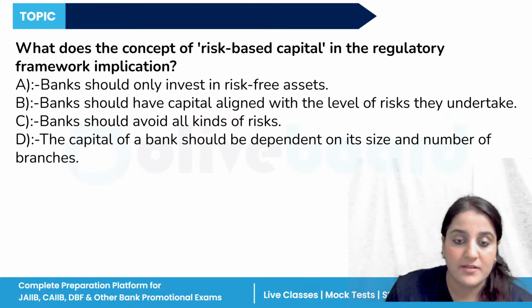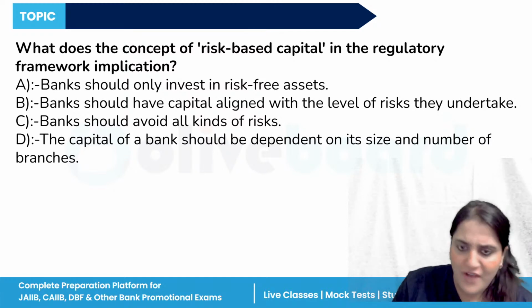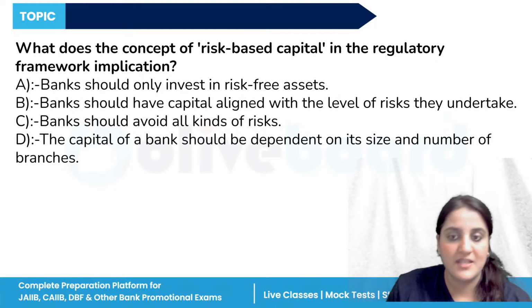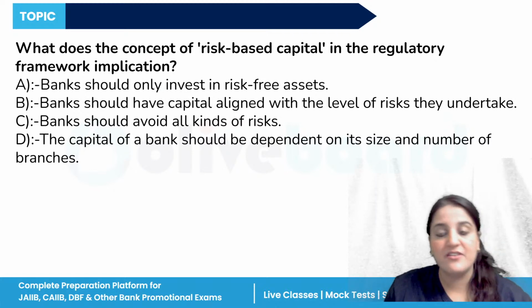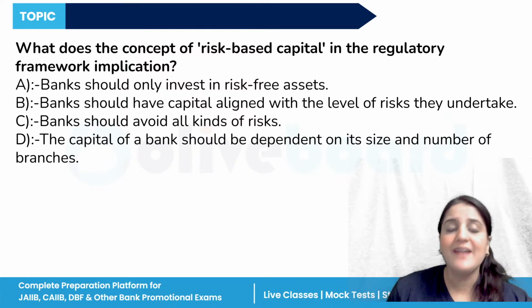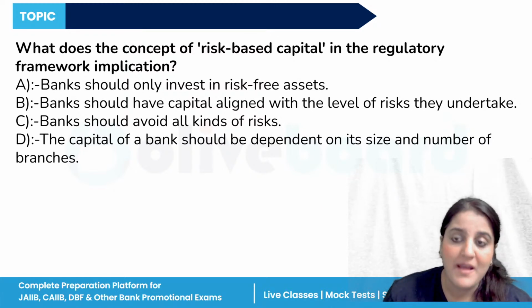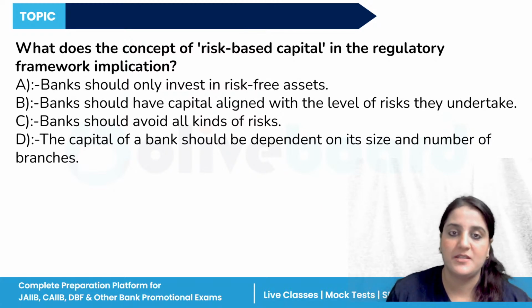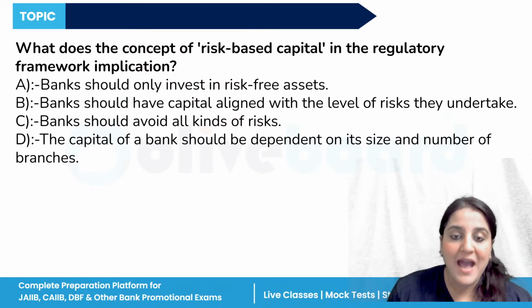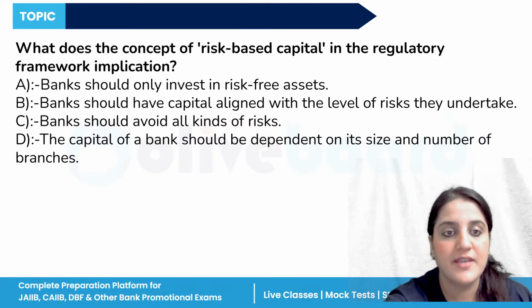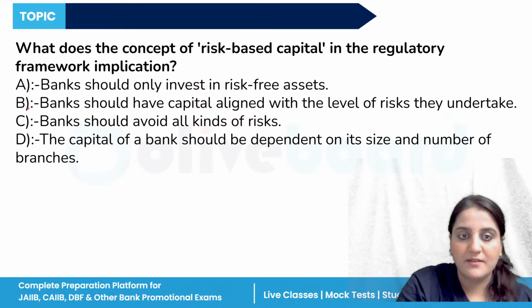This ensures that banks have enough financial cushion to absorb losses where the risk exposures do not perform as expected, helping to maintain financial stability. So banks should have capital aligned with the level of risk they undertake. So option B is correct here.